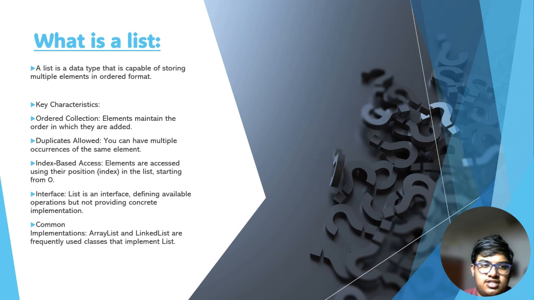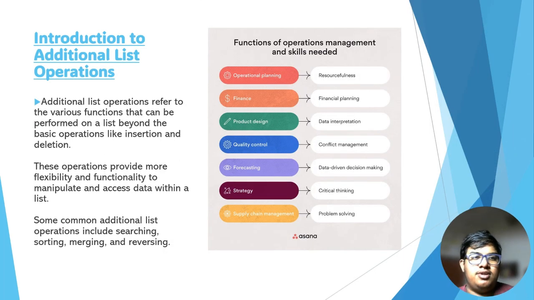There are additional list operations which help in these implementations, which we'll be seeing soon now. So let's move on. So introduction to additional list operations. So here we come into the first concept.